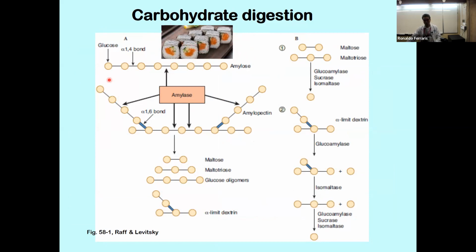Amylose is straight starch. Amylopectin is branched starch. So your pancreatic amylase is busy cleaving them into small saccharide molecules: maltose, maltotriose, glucose oligomers. This alpha limit dextrin is a saccharide that is branched.